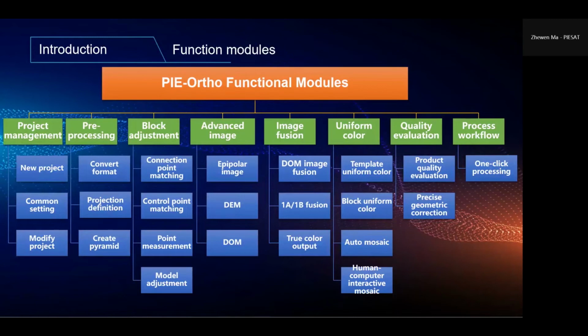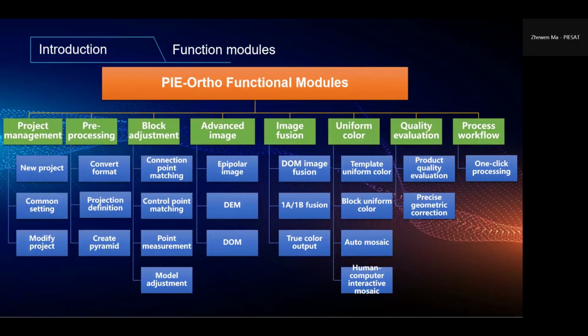So these are the functional modules laid out in the software, and also the layout that a user is normally expected to see in the main interface. They are categorized into eight groups, and that includes project management, where you can start a new project or load an already existing project and modify it.